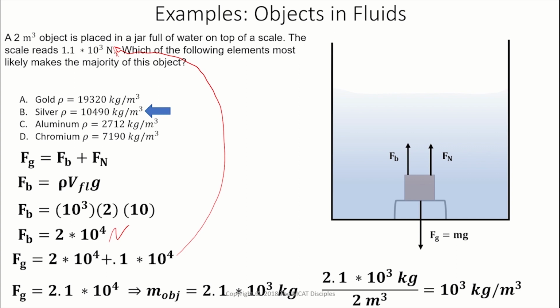So again, I just want to emphasize here the difference between the apparent weight and the actual weight. When you put this in a fluid, this will probably explain more understandably why the normal force is not equal to mg in this case. Think about this. The force of gravity is quite literally the force of gravity, downward. But the buoyant force is pushing this object upward.